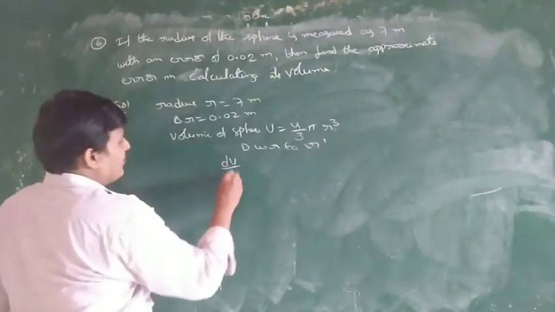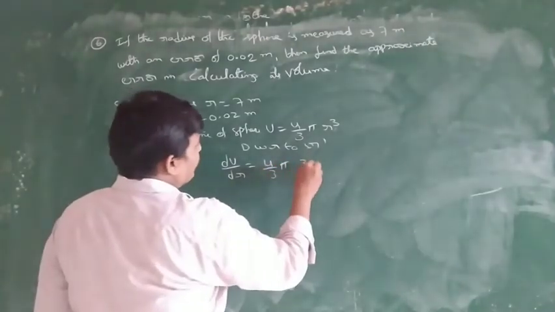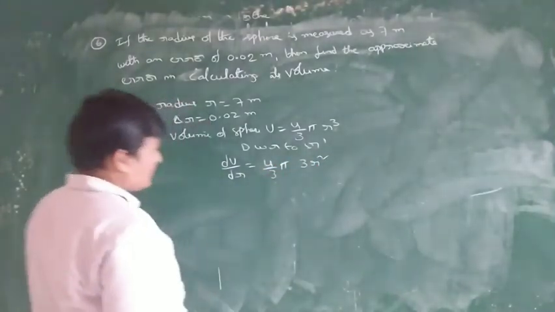dV by dr is equal to 4/3 pi into the derivative of r cubed, 3r squared.